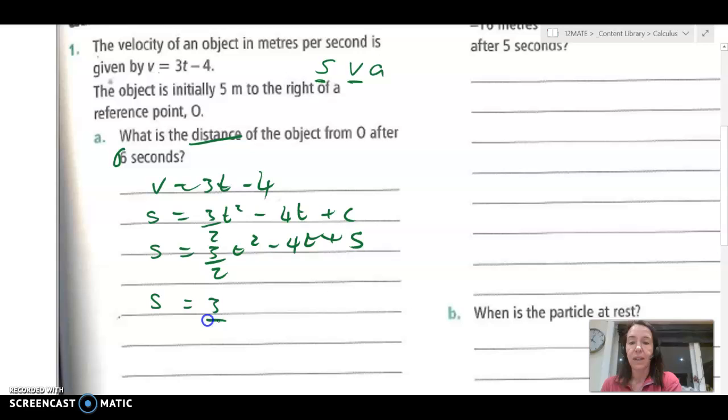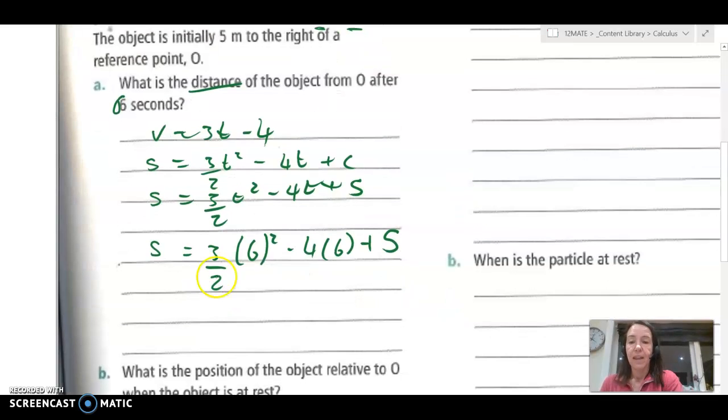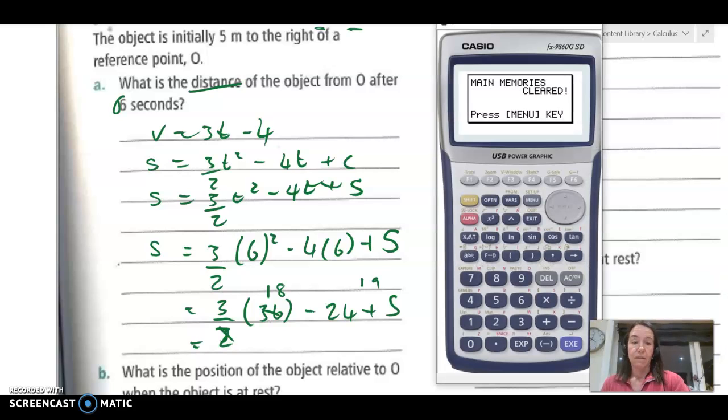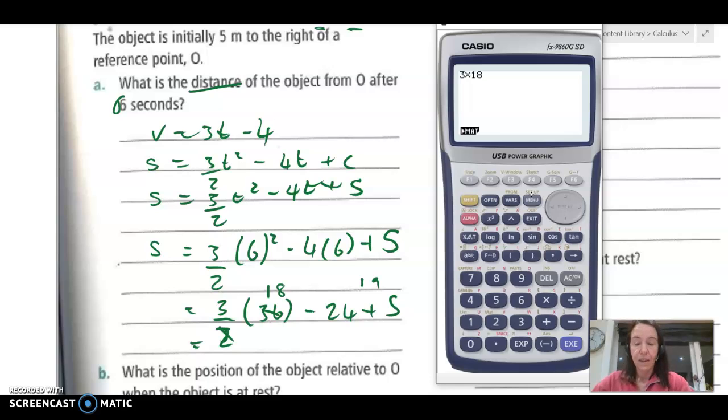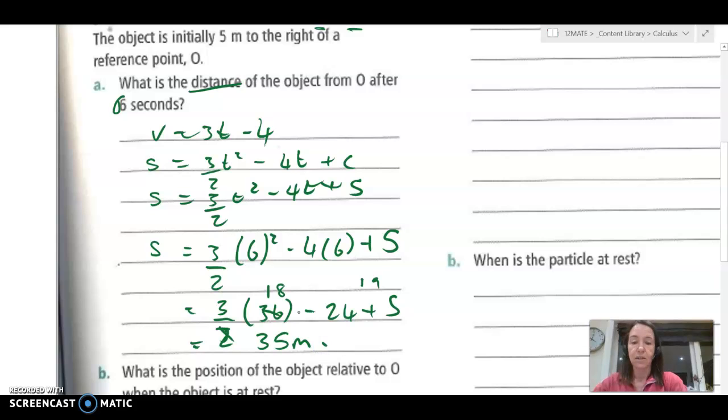So my distance is going to be 3 over 2 times 6 squared minus 4 times 6 plus 5, which gives me 3 over 2 times 36 minus 4 sixes are 24 plus 5. 36 divided by 2 is 18, times 3, so 3 times 18 minus 24 plus 5 is 35. So it is 35 meters.